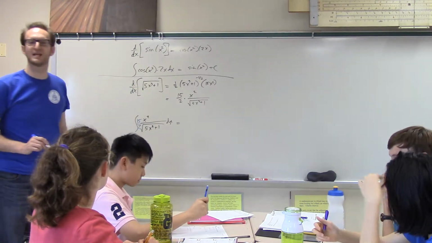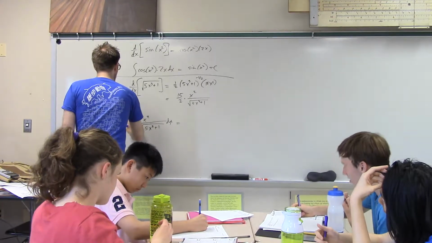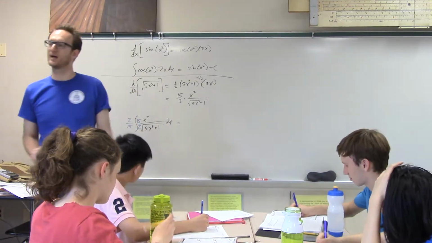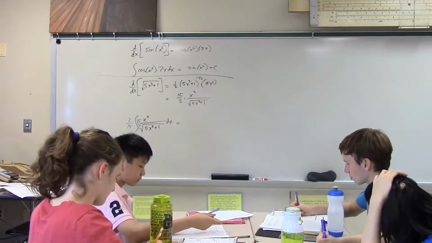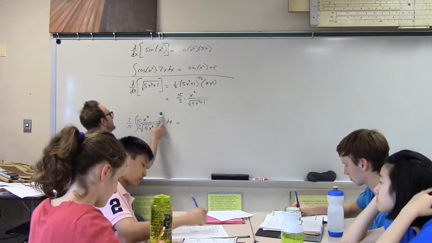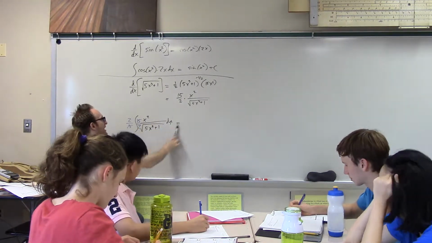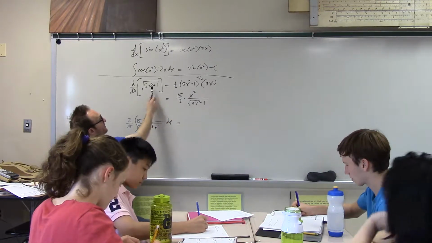So what I will now do is put the 15 halves in, and then we undo the damage with a 2/15 on the outside. Now that I have re-expressed it like this, do you all see that this part of the thing I'm anti-differentiating is exactly the derivative of this function?